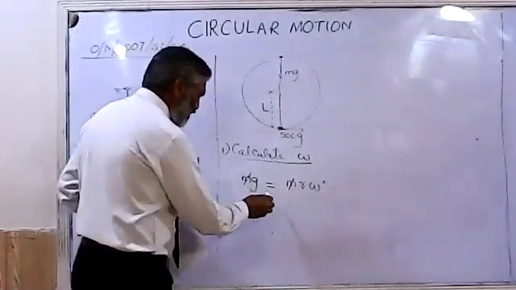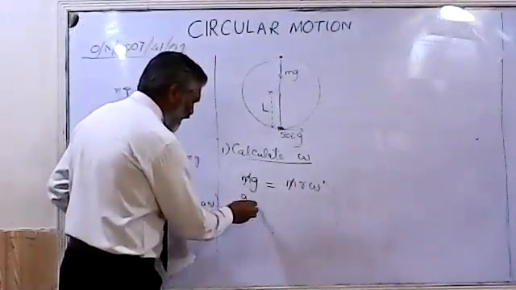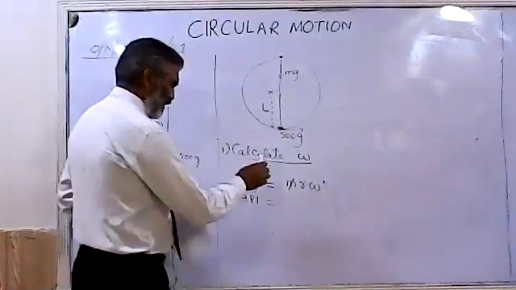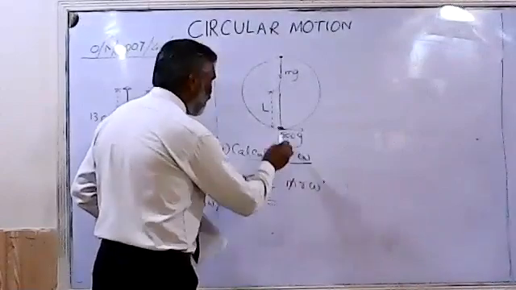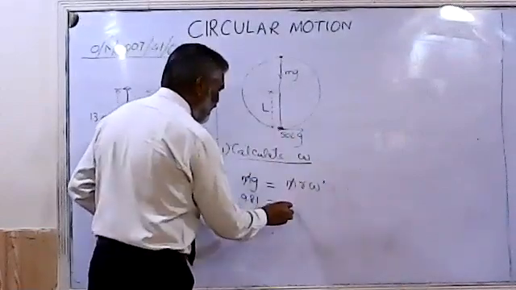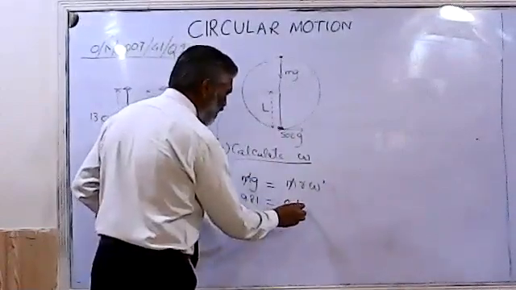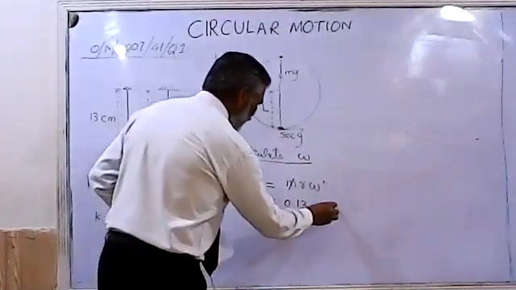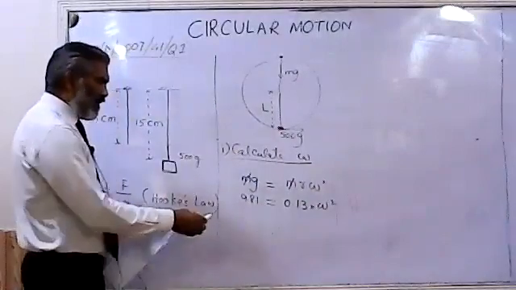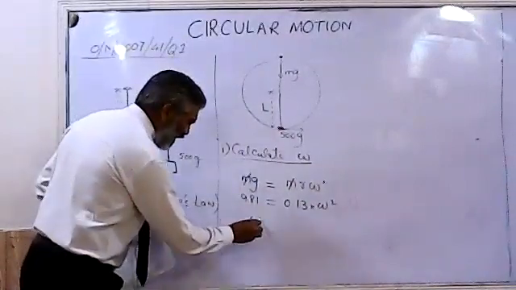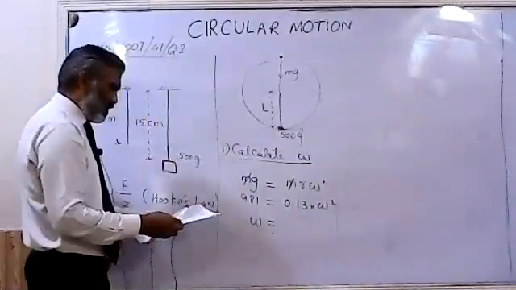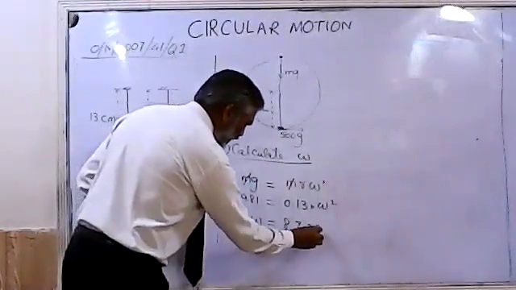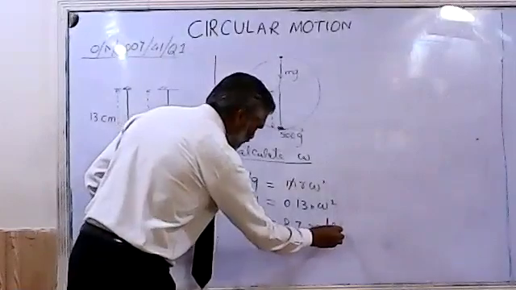This simply means that 9.81 will become equal to the radius, which here will be 13 centimeters, 0.13 in meters, times omega square. When I simplify this, it gives us the value omega equals 8.7 radian per second.